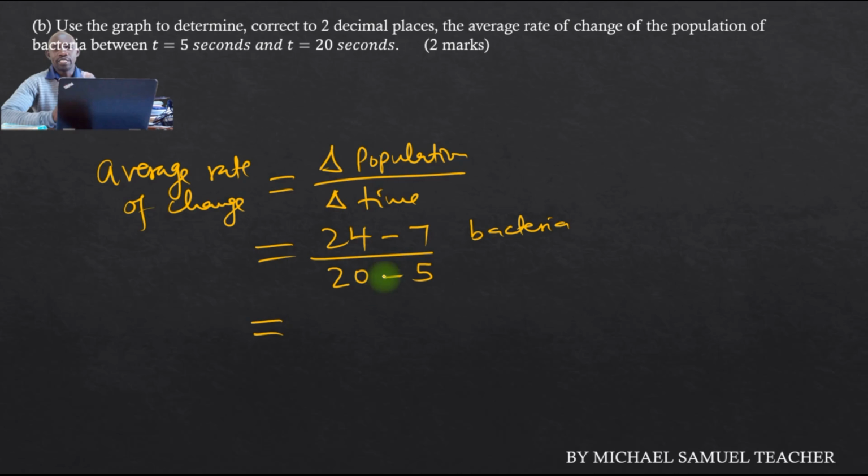So 24 minus 7 will be 17, divided by 15. Using a calculator, we end up getting 1.13333 and so on, bacteria per second. That is the rate of growth.